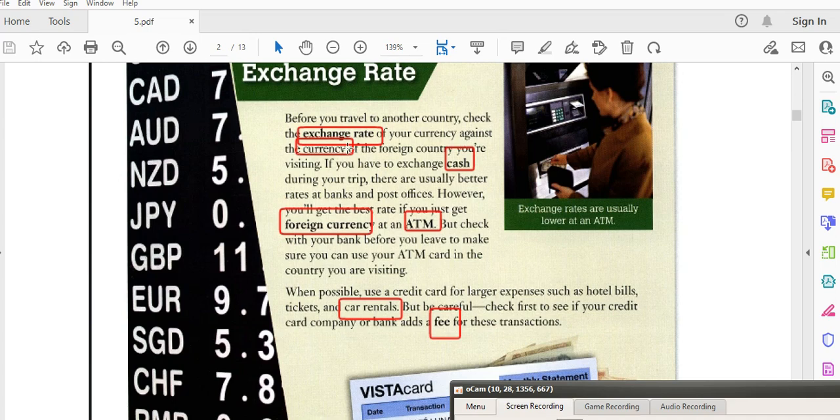Currency means the money in circulation as a means of exchange for a special country. Cash, money in the form of bills and coins. Foreign currency means the money of another country.